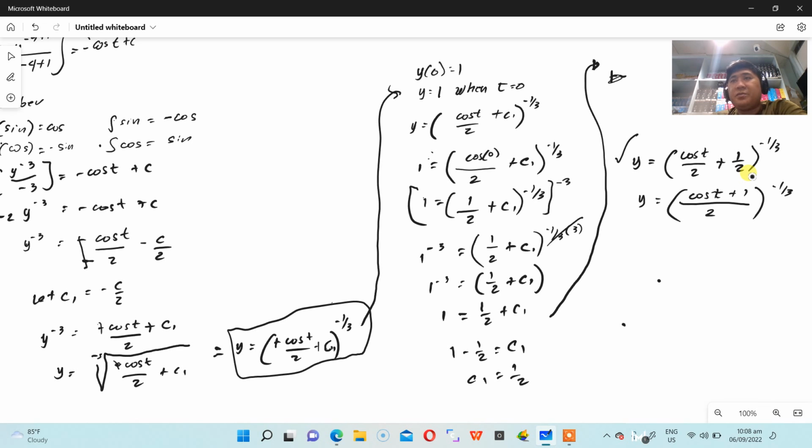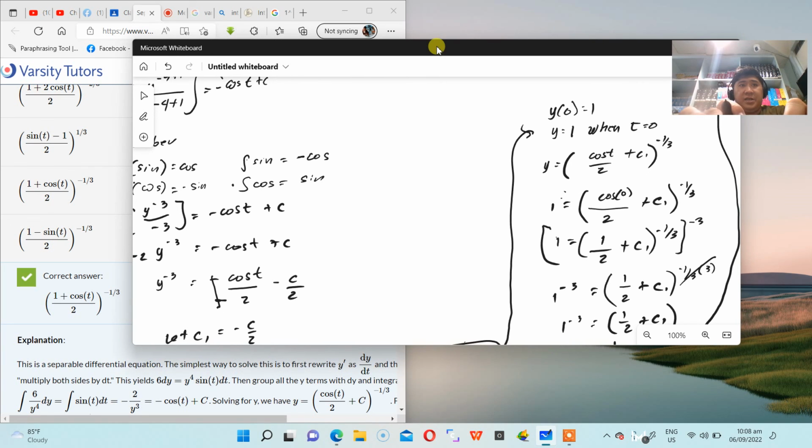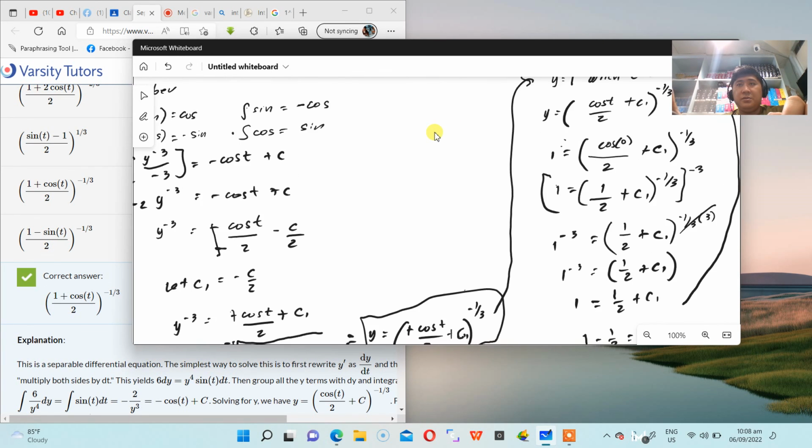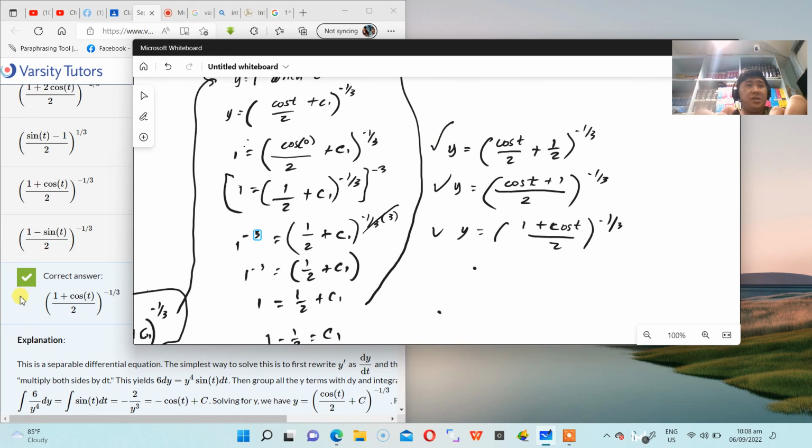Then since they are added, you could rearrange that one to 1 plus cosine t over 2 raised to the power of negative 1/3. Or you could have this one, so it is interchangeable since the signs are all positive.